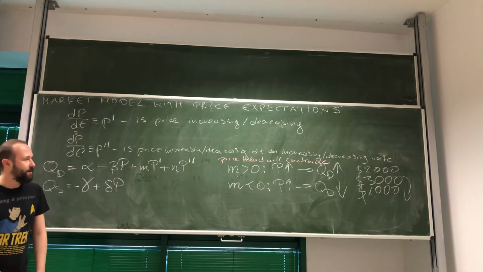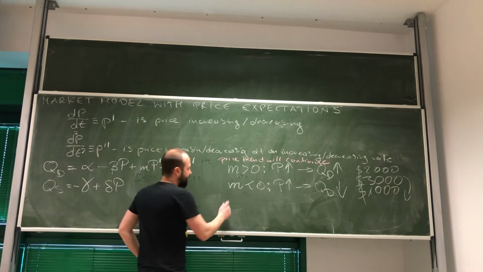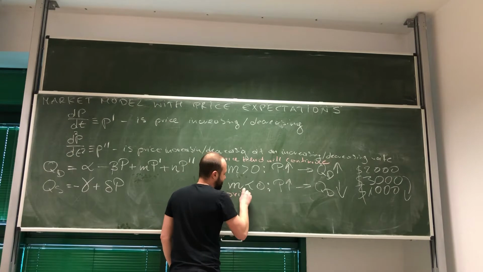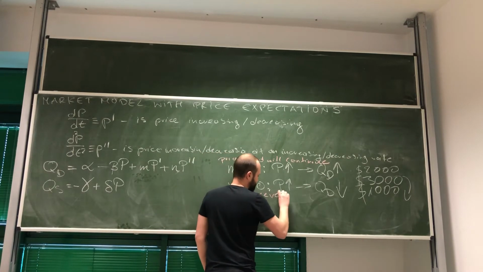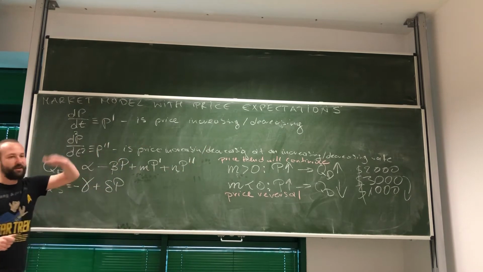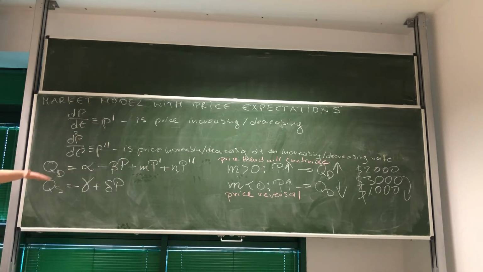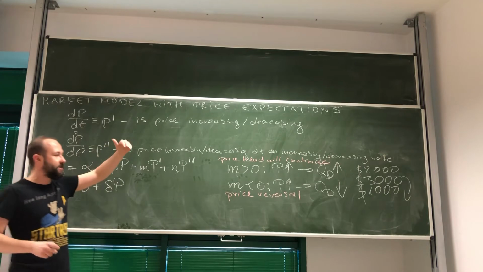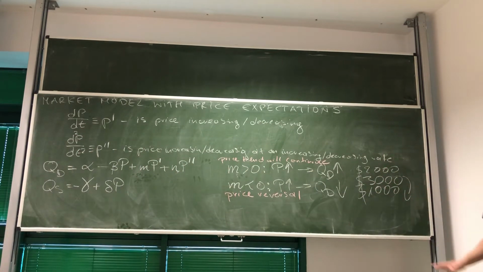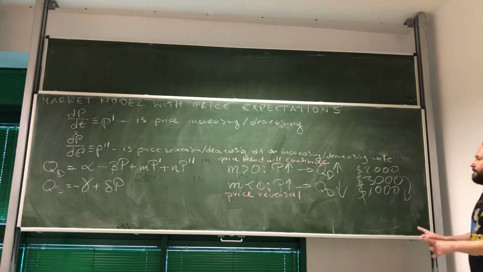If m is negative, it means that customers, agents expect price reversal. So instead of increasing and increasing, we expect that this increase is gonna stop and the price is gonna start dropping. Okay.